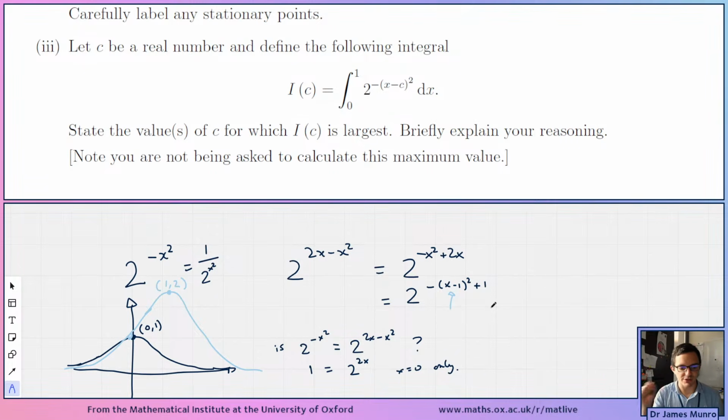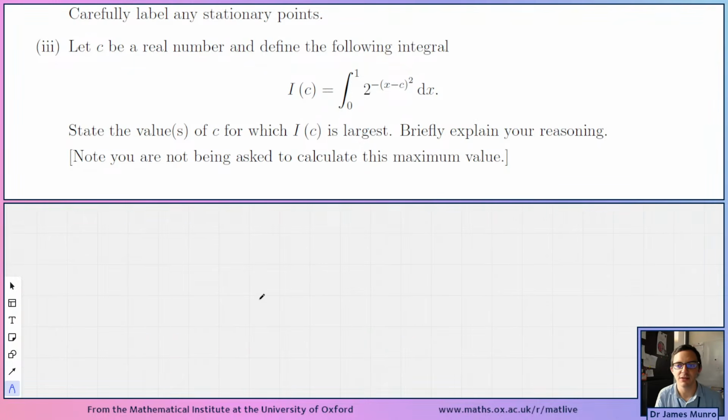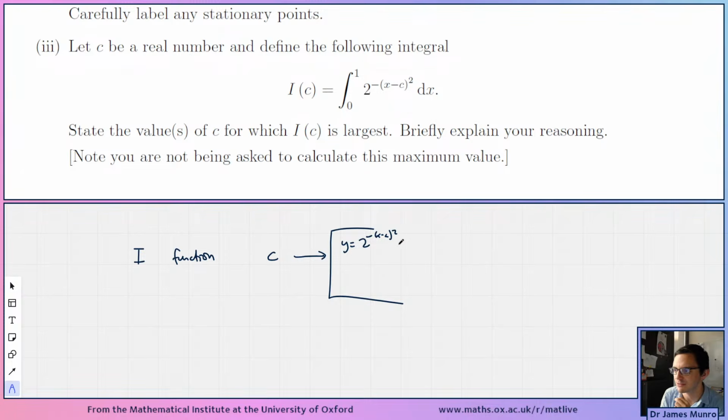Before, I forgot to do this bit in there as well. We had just shown I of c on the board, this integral that depends on c. The thing we're supposed to imagine here is that I is some sort of function where you give me the number c as an input, and then I have some sort of complicated process: I have to work out y is like 2 to the minus x minus c squared.